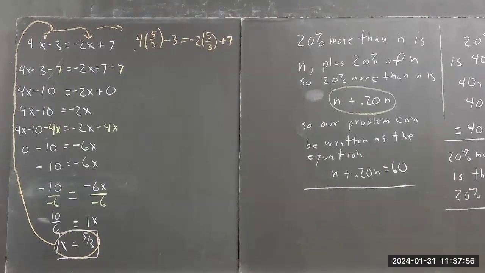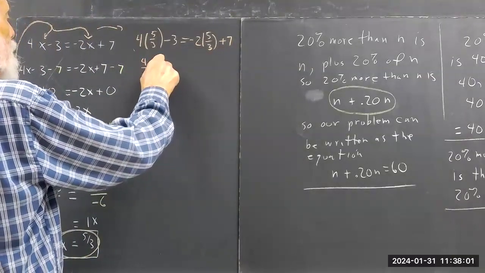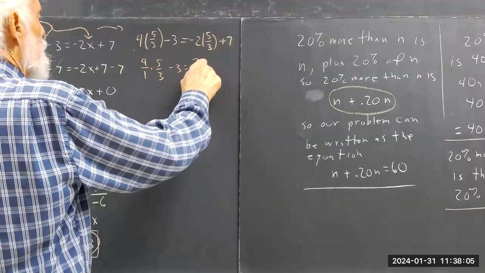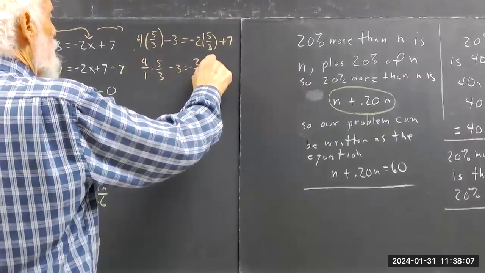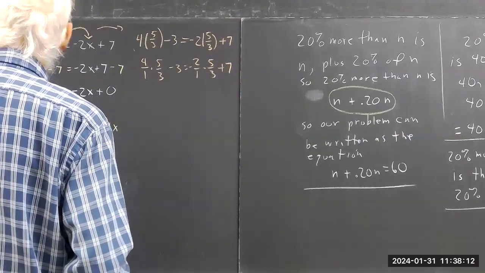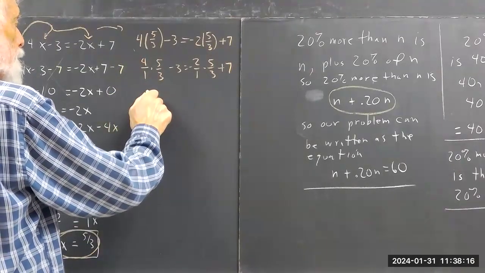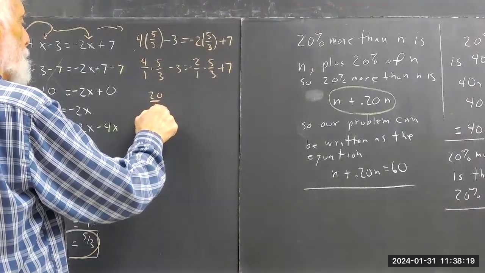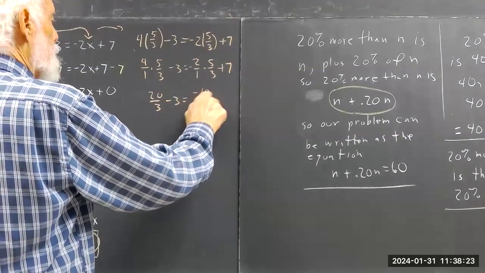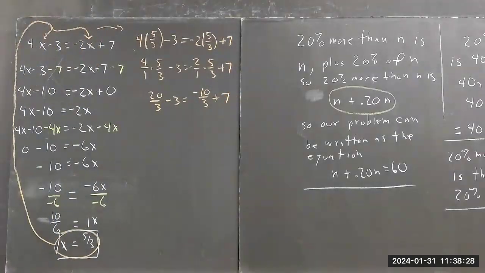And well, this is the same as 4/1 times 5/3 minus 3 equals -2/1 times 5/3 plus 7. And we multiply numerators and multiply denominators, we get 20/3 minus 3 equals -10/3 plus 7.